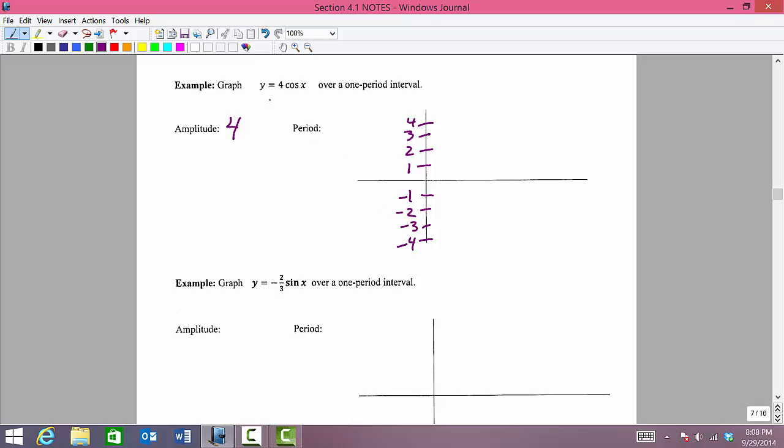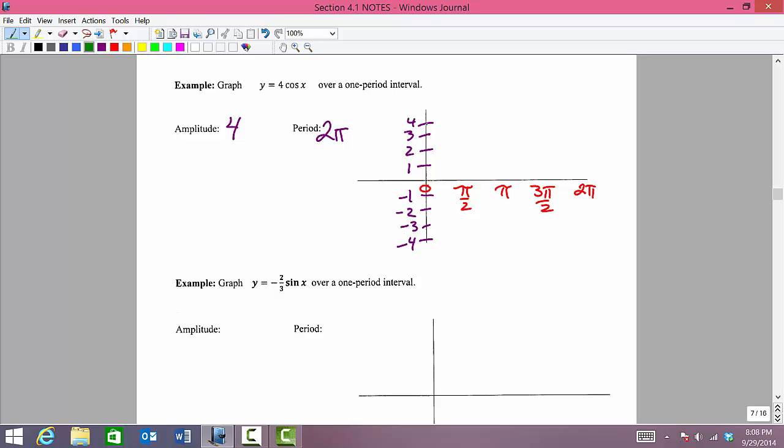It's a positive 4 in front of the function, so we do not have a flip. The period of the function is still 2 pi. So when we go in and label our x values, we'll still have 0, pi over 2, pi, 3 pi over 2, and 2 pi.